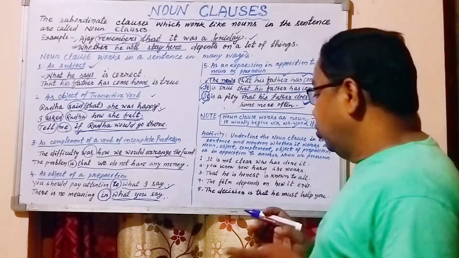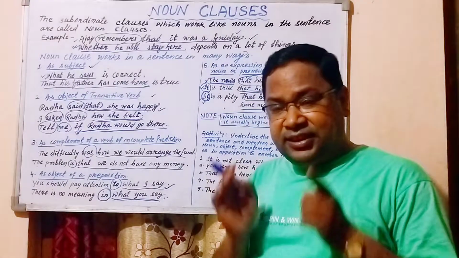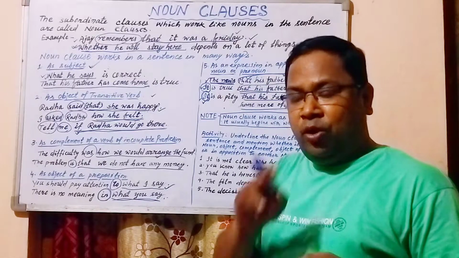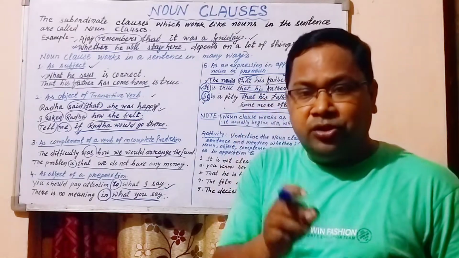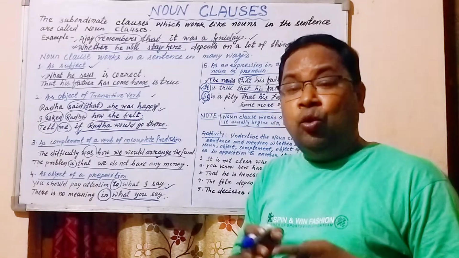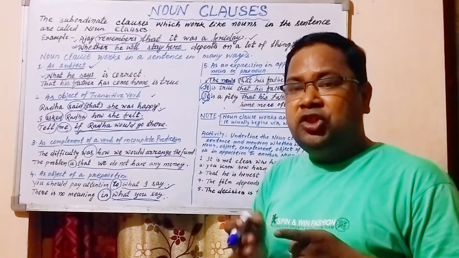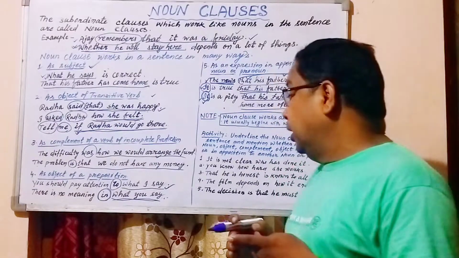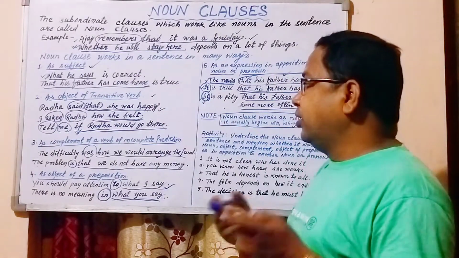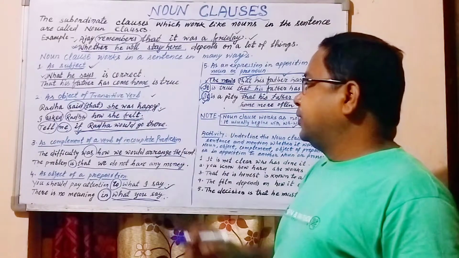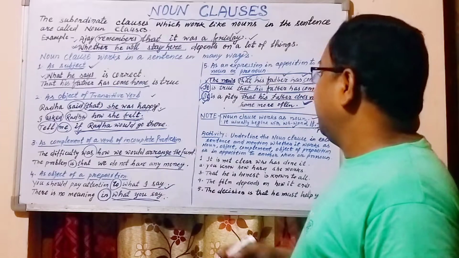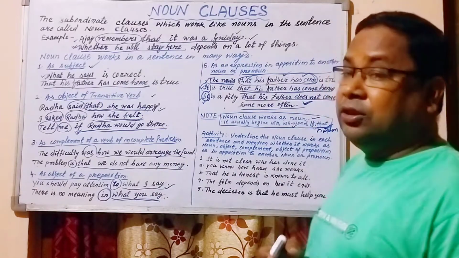That means you have to read each sentence, underline the noun clause, and say in what way that noun clause works. That means what is the function of that noun clause in that sentence, whether it is subject, object of a transitive verb, a complement, object of a preposition, or opposition to another noun or pronoun.